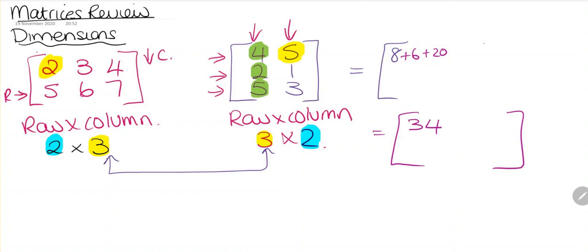So we're going to have 2 times 5 is 10. We're going to have 3 multiplied by 1 is 3. So we're going to add 3. And then we're going to have 4 multiplied by 3, which is 12. So we need to add 12. So 10 and 3 is 13. And 12, so that's 25. So next one.